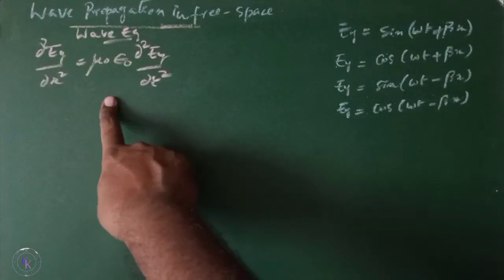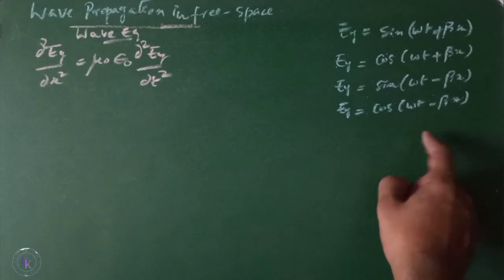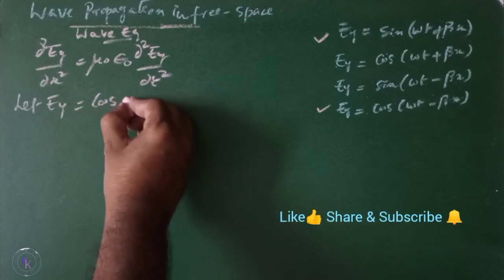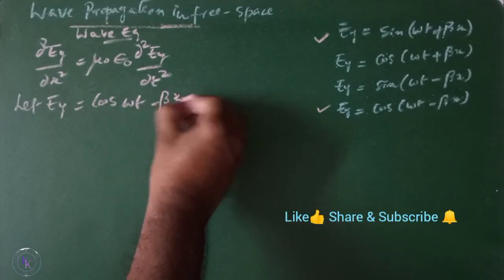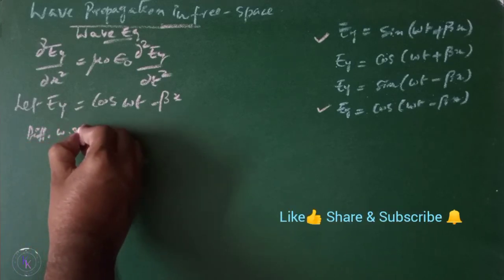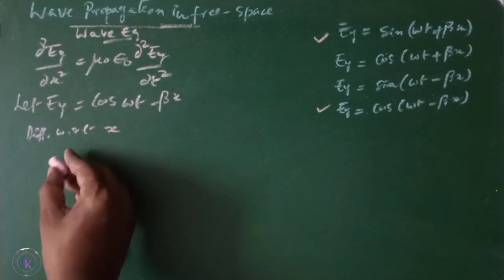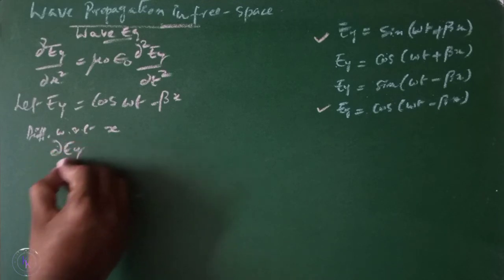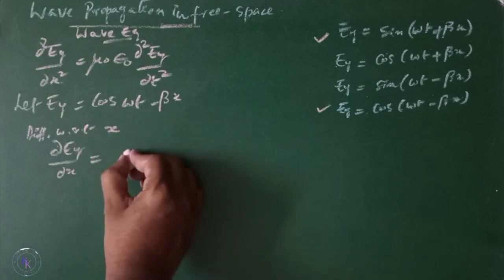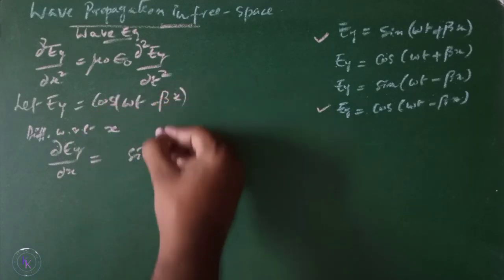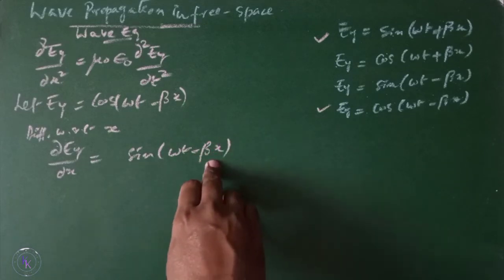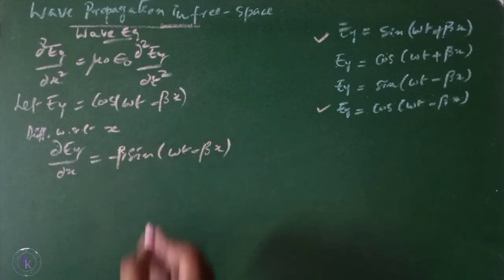Now for our wave equation, these are the four solutions. Let Ey equal cos of omega t minus beta x. Now differentiating with respect to x, dou Ey by dou x equals, since we are doing the cos, it will be sin of omega t minus beta x. Since it is x, there is a minus beta.